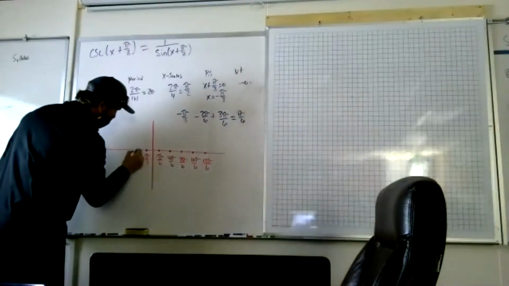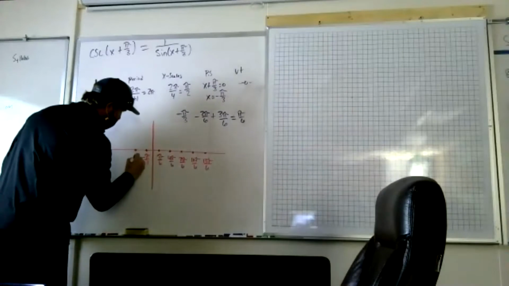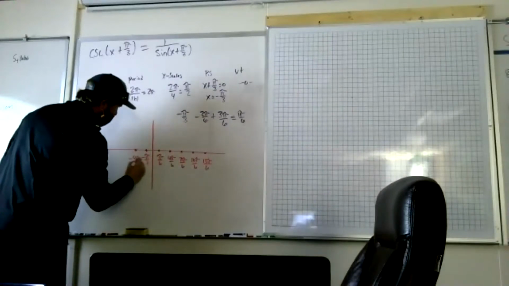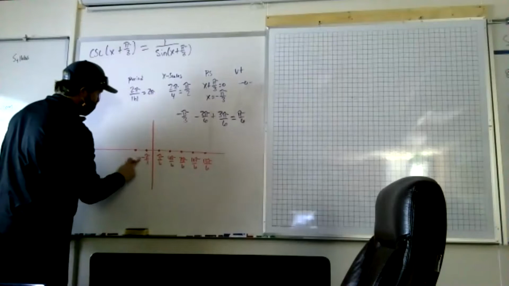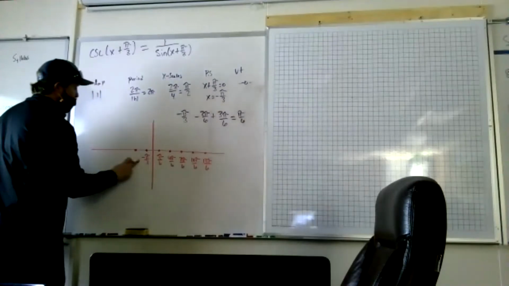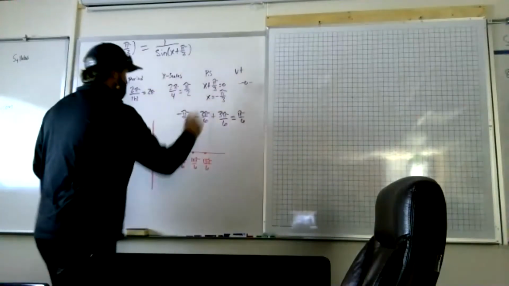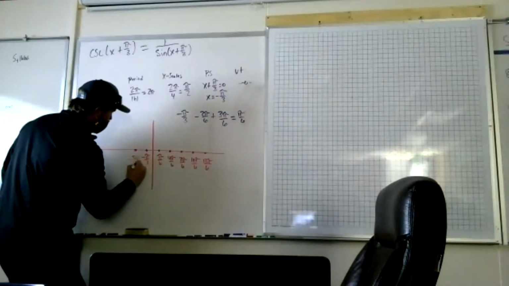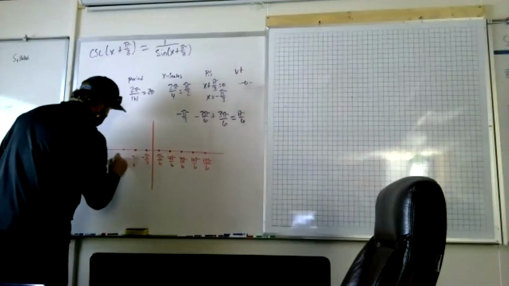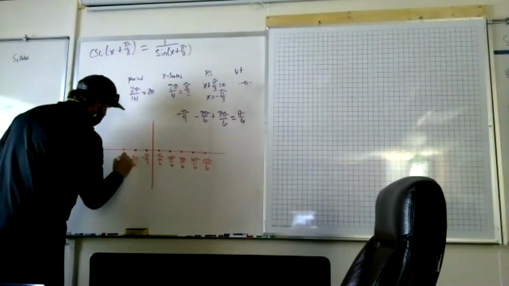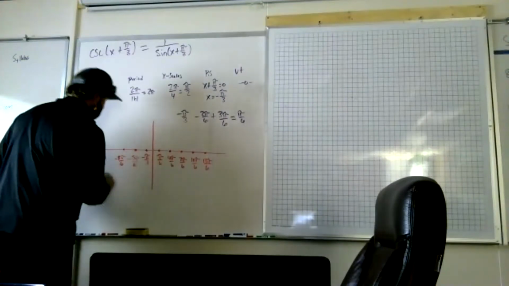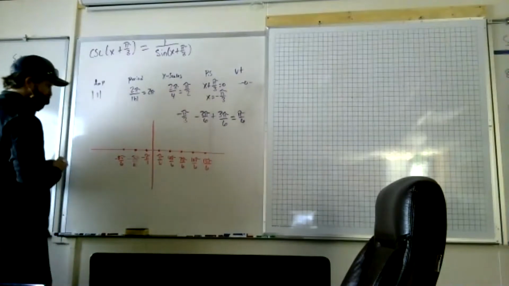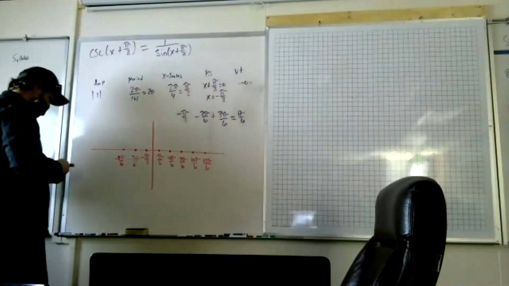Going to the negative side from negative pi thirds, that's going to be negative 5 pi over 6, then negative 8 pi over 6. Okay, that should be plenty.